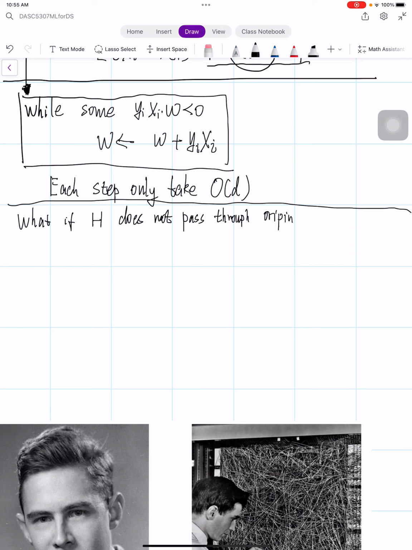Actually, the trick is very simple. In other words, if alpha does not equal 0, we can still apply the algorithm we just introduced. f(x) equals omega times x plus alpha, right?